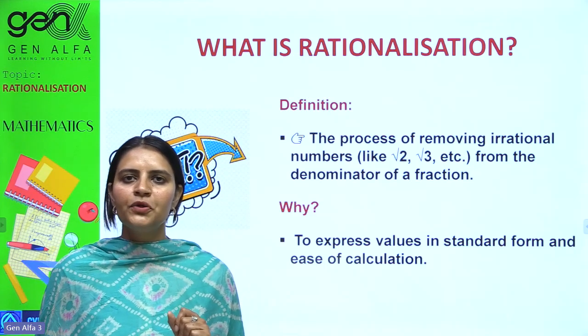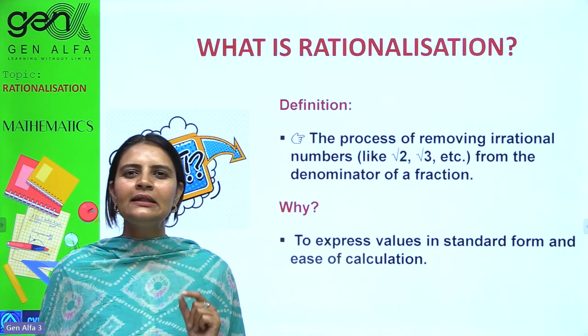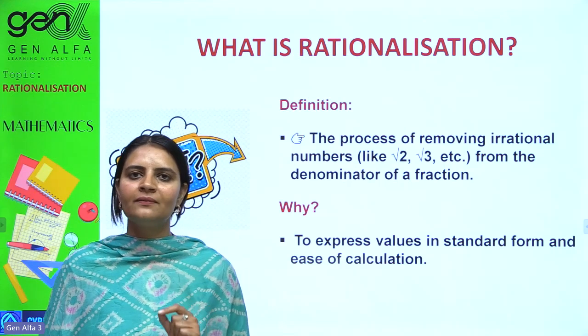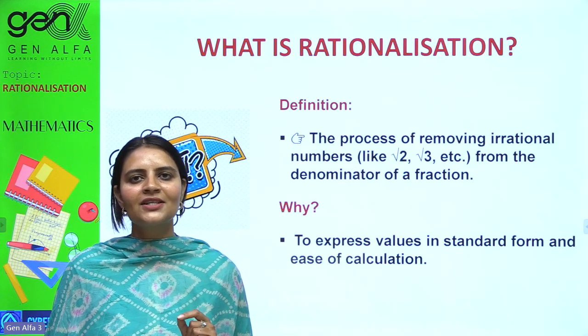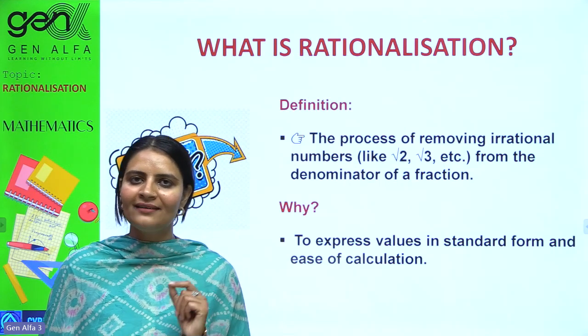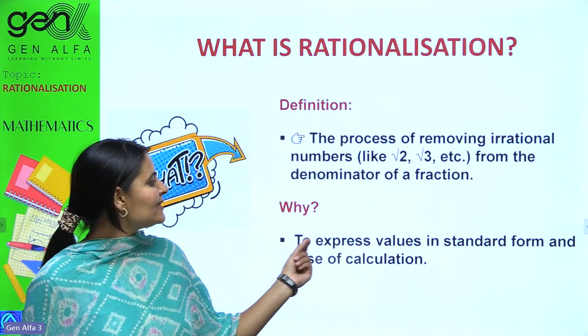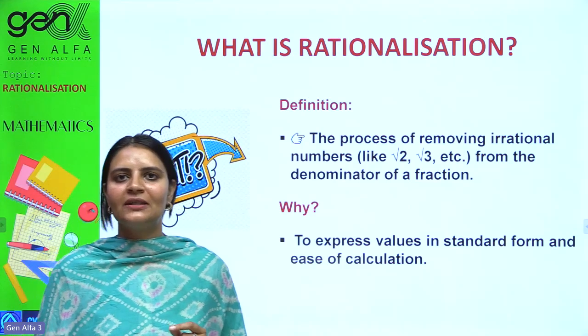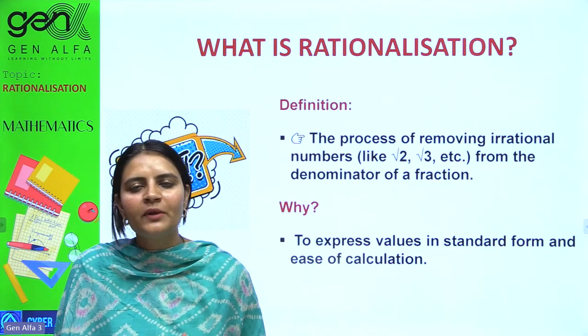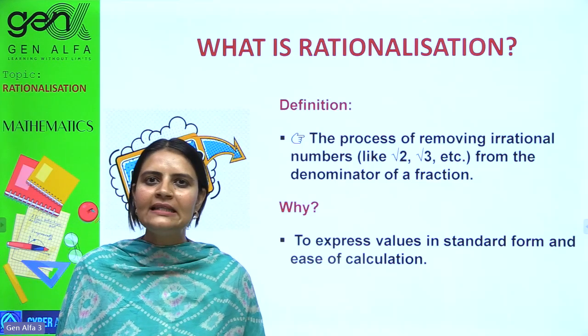Yes? Would you remember it for life? Just making the denominators root free. We are going to make the fractions in a cleaned manner. Yes? To express values in standard form and ease of calculation. Yes, when it would be in standard form, it would make them easier to solve.